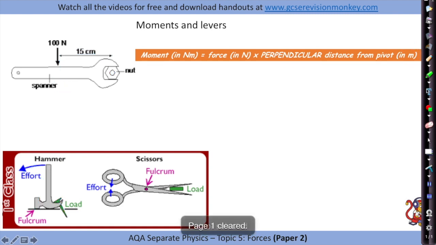And the same with scissors. So scissors, they would pivot around this place here. You've got a load force and an effort being applied there, and you could use our equation again: the moment that you're applying to the scissors is equal to the force applied times the perpendicular distance, which would be from the effort to the fulcrum, to the pivot.